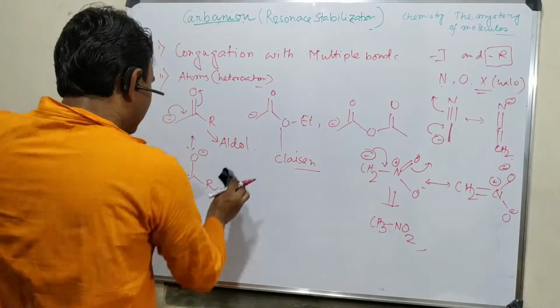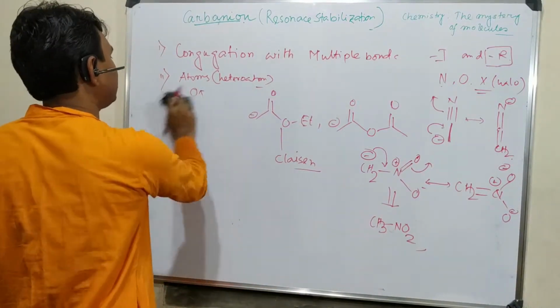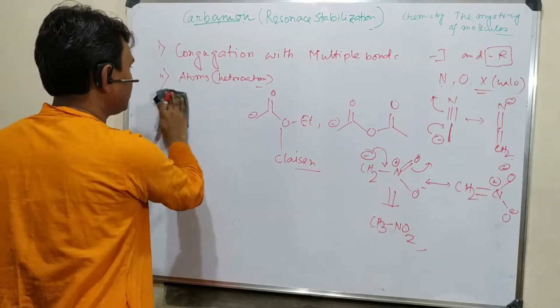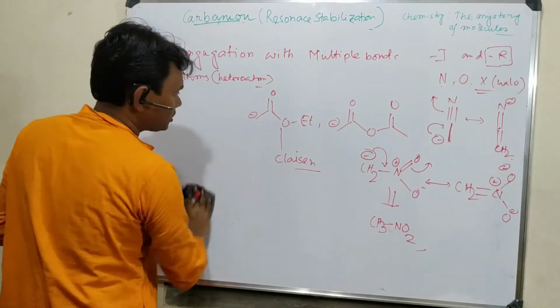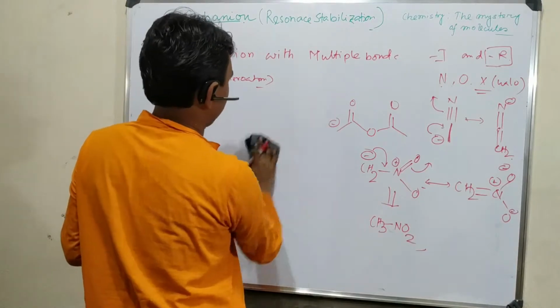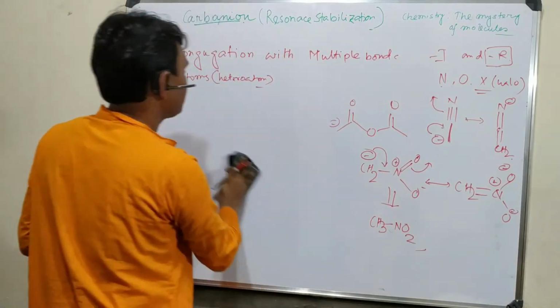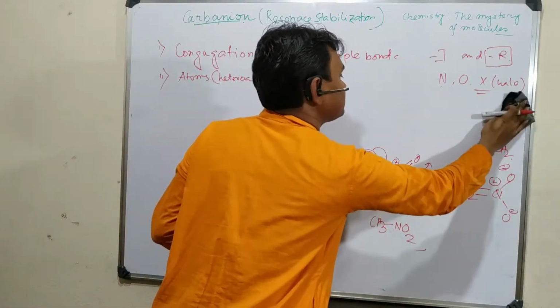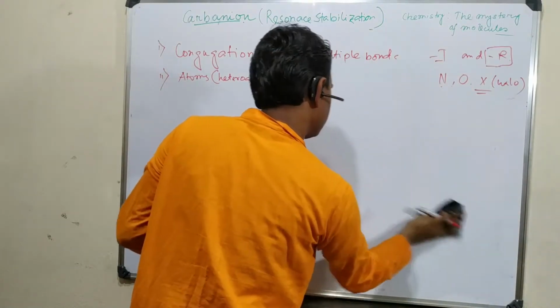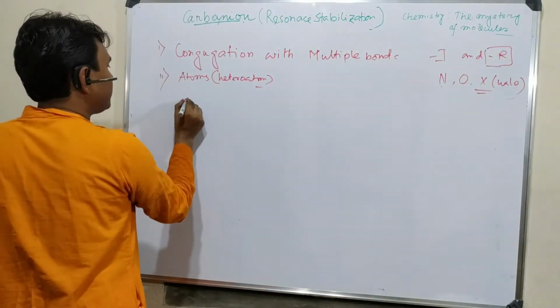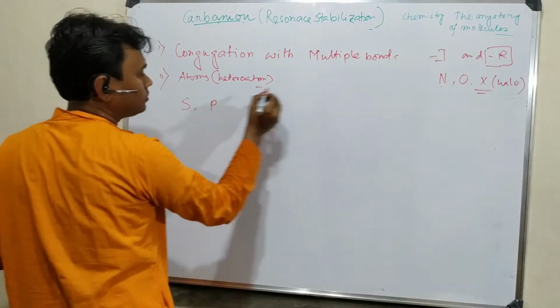Similarly, there is another type of conjugation possible, that is conjugation with a heteroatom. Heteroatom means sulfur and phosphorus. How?